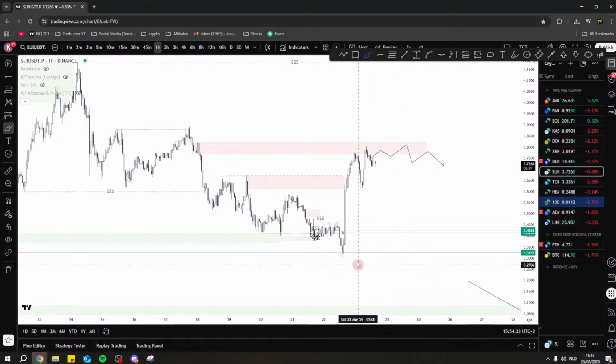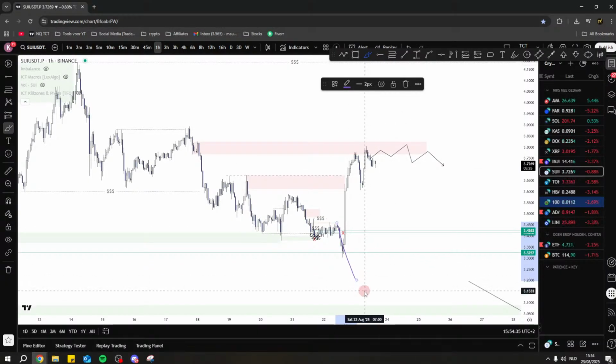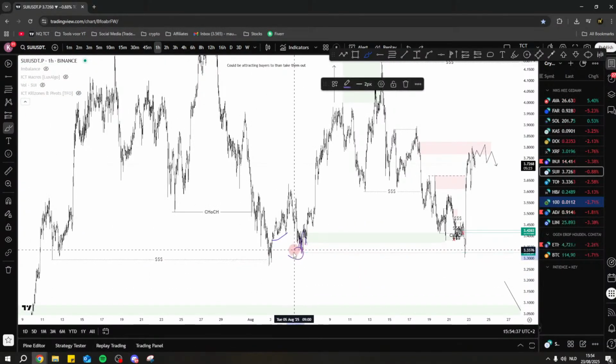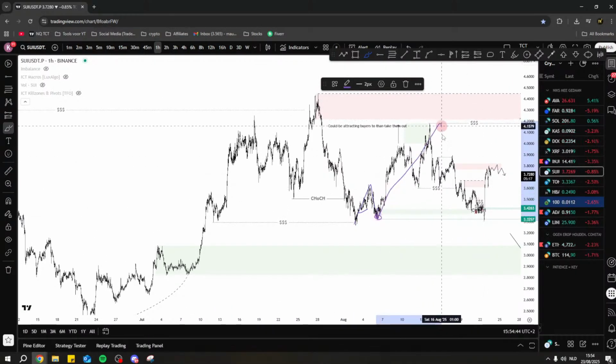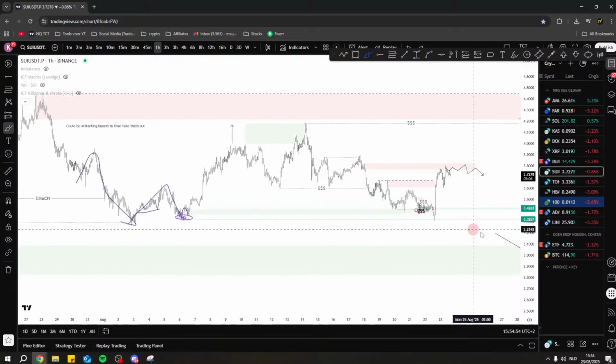This was our last little quick push towards the downside, taking out our extreme liquidity. This is our first hold before we actually pushed all the way up here and also broke this. And this was the part that brought us towards new lows right there, because that is also really relevant.